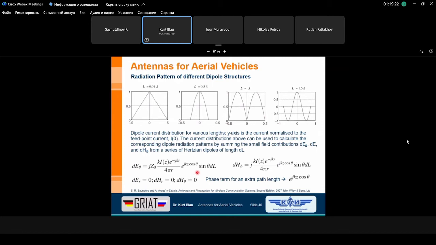And this is the same for the H-field component perpendicular to theta. It's dH phi. We also know this formula already.